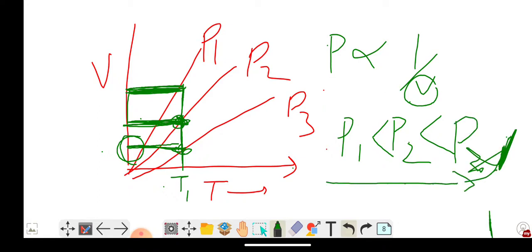So the order of pressure is P3 is greater than P2 is greater than P1. Greater volume, lesser pressure, so P1 is lesser, and smaller volume, greater pressure, so P3 will be greater.